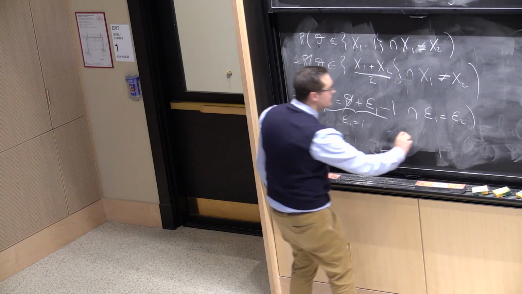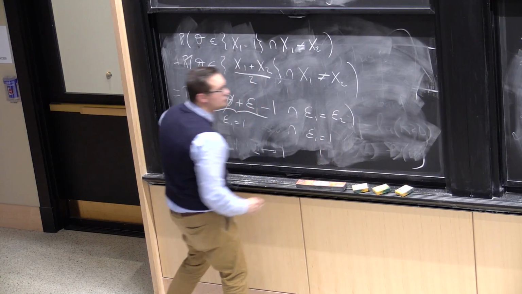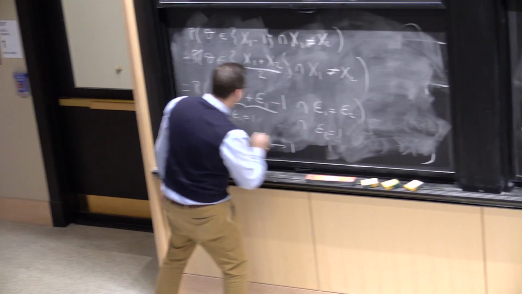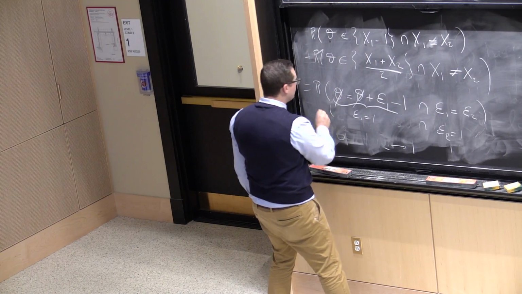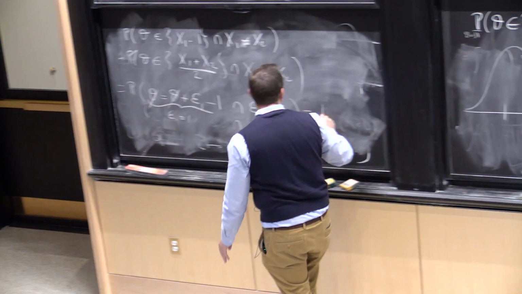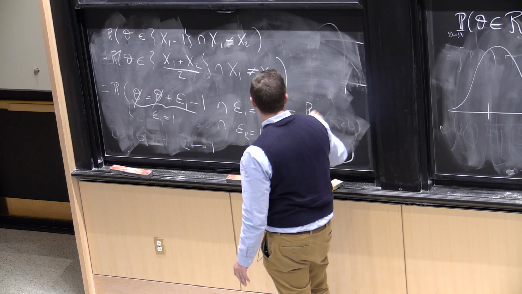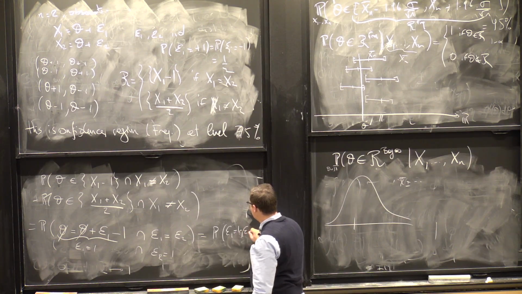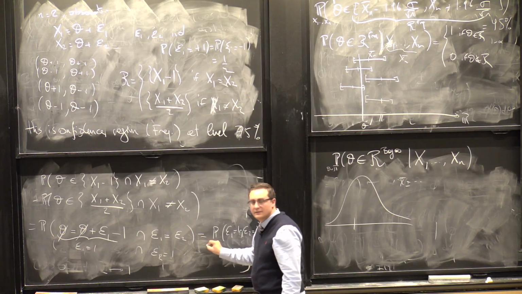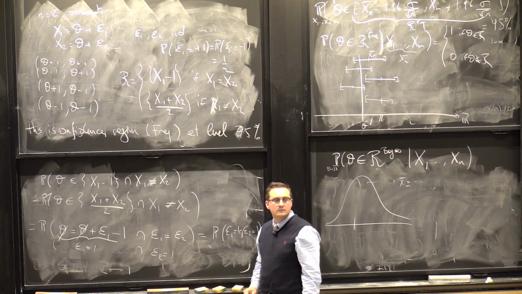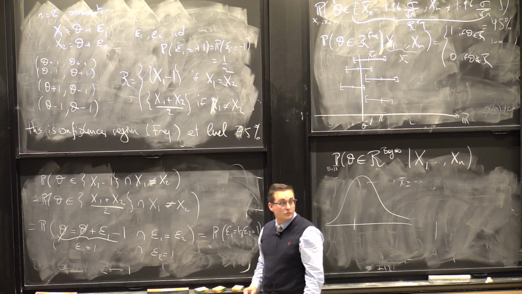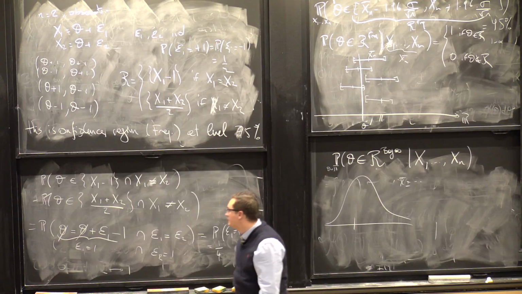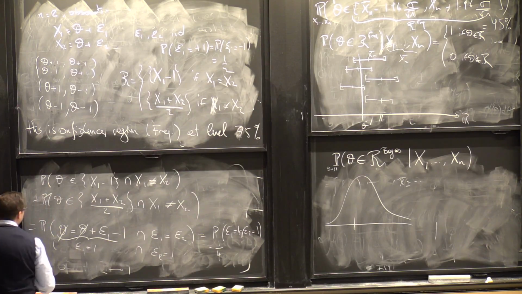So when I intersect with this guy, it's actually the same thing as epsilon 1 is equal to 1 as well as epsilon 2 is equal to 1. OK? So this first thing is actually equal to the probability that epsilon 1 is equal to 1 and epsilon 2 is equal to 1, which is equal to what? Yeah, 1/4, right? So that's just the first case over there. They're independent.